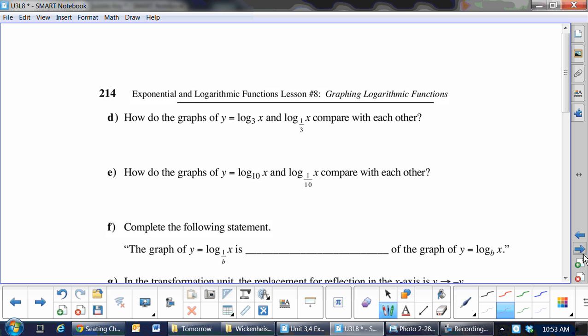So how do these compare to each other? Well, we already showed that. They're a reflection on the x-axis, right? AKA, y is replaced with negative y. Okay?